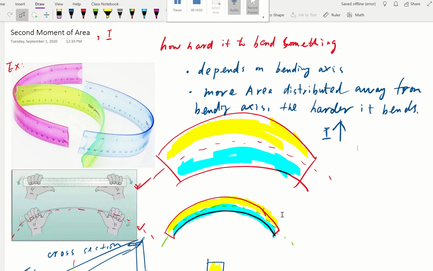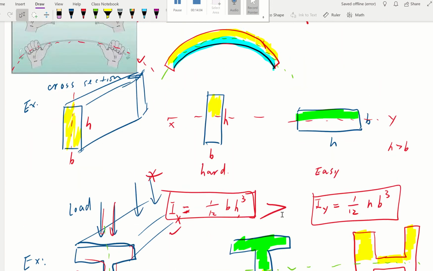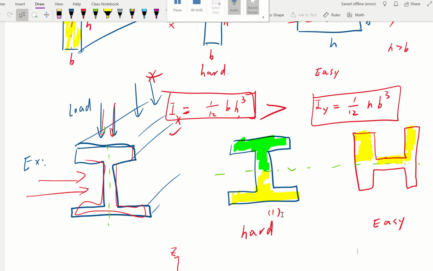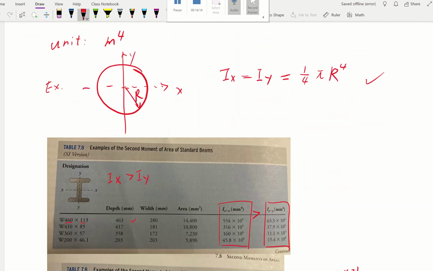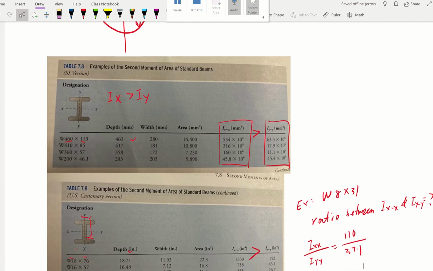And then with that, we come up with some common shapes like the rectangle cross section, and we know the formula for that. And we also come up with the circle, where Ix is equal to Iy, and then we know how to look up the data from the table for the I-beam, IXX and IYY. So that's all. I'll see you next time. Bye.